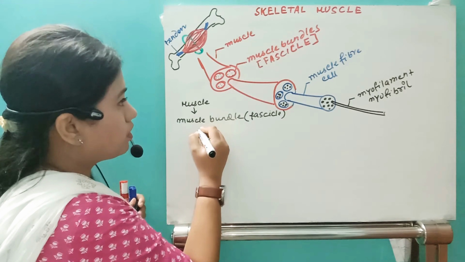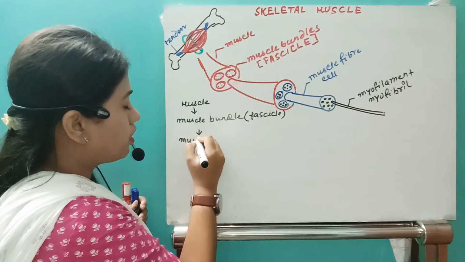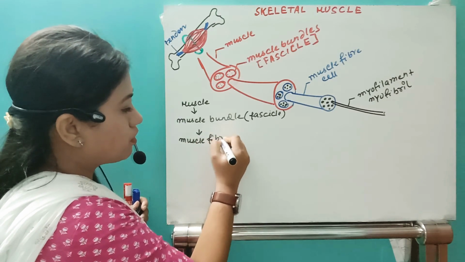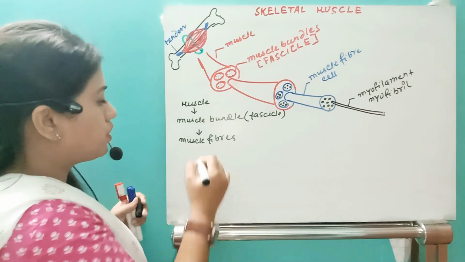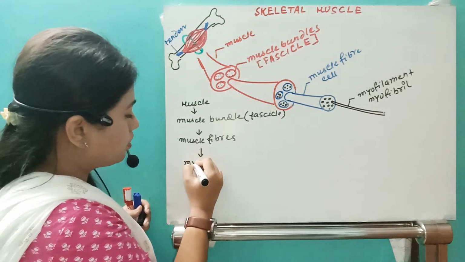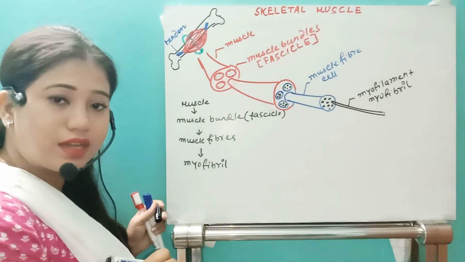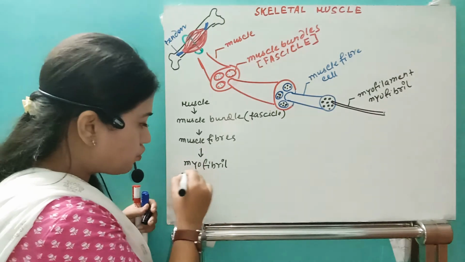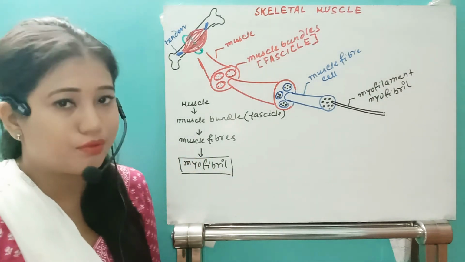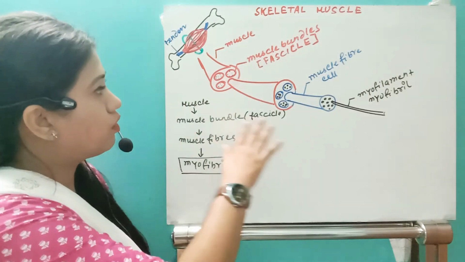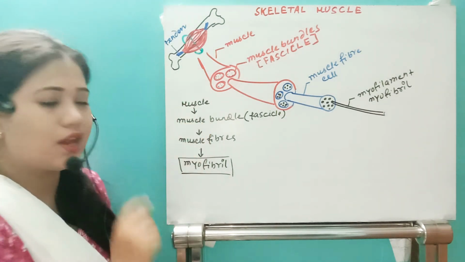Inside the muscle bundle, we are going to have a number of muscle fibers. Inside the muscle fibers, we have the myofibril. And what you need to know now is the structure of the myofibril. So first of all, draw this structure, how it will look and how it is arranged.